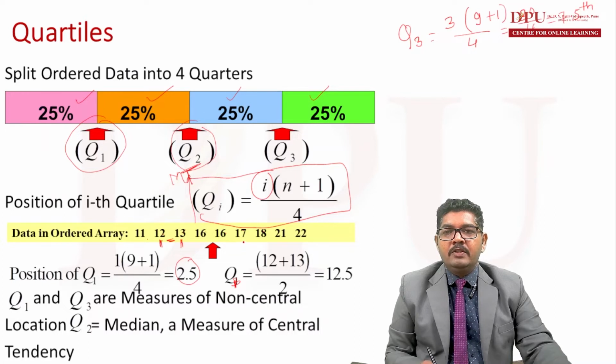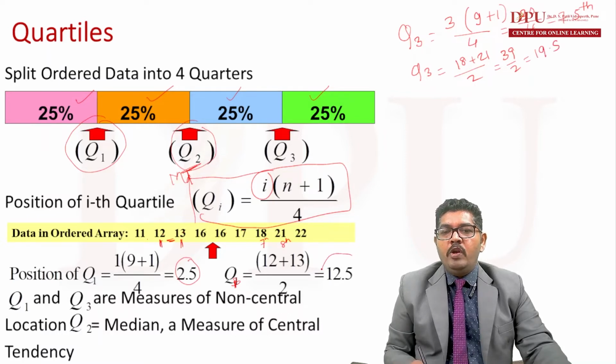So this is the 7th observation. This is 8th observation. So 7.5th observation lies between 7th observation and 8th observation, and therefore Q3 will be equal to the average of these two values, 7th and 8th value. So 18 plus 21 divided by 2. So 18 plus 20 is 38, plus 1 is 39, divided by 2. So this is equal to 19.5.